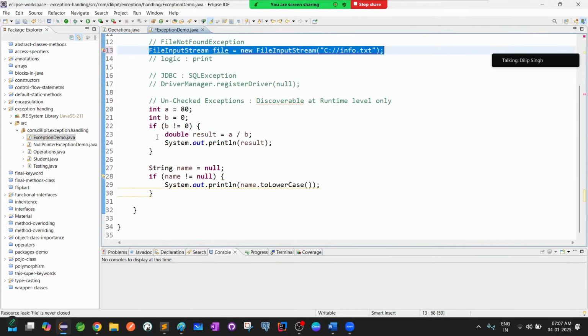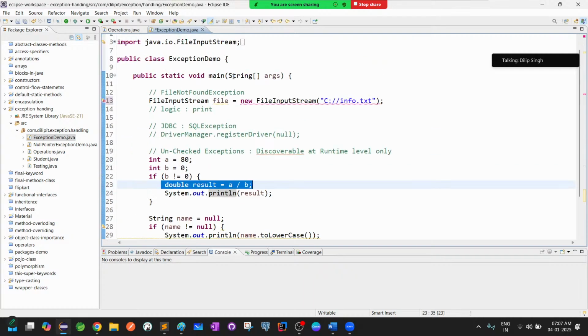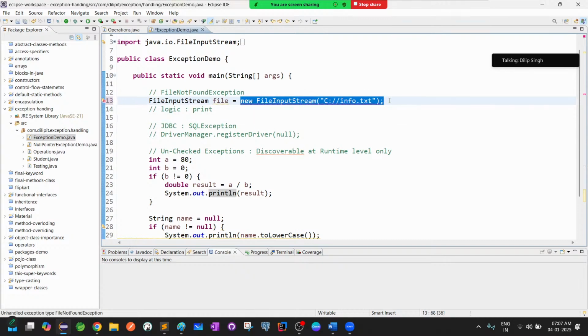Now if you observe here, these kinds of exceptions you can't guess at compile time level. The exceptions which come at runtime level are called runtime exceptions or unchecked exceptions. Why unchecked? Because we can't check it. Here, we are able to check. The compiler is saying very clearly what has to be done, so that's why these are called checked exceptions. As a developer, we can check what kind of exception we may get before executing the program.